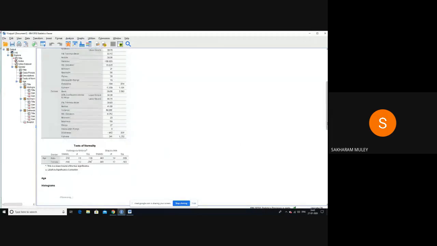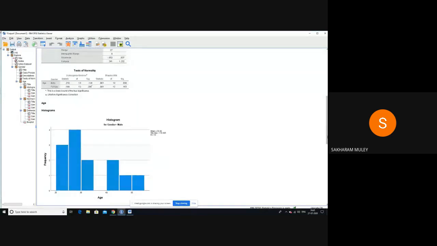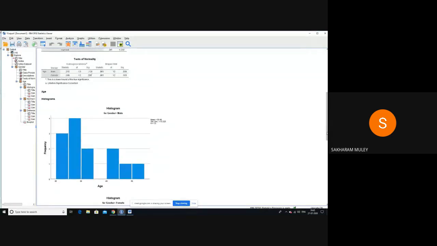Here you can have a test of normality, and there are two tests provided by SPSS. One is the Kolmogorov-Smirnov test, and the other is the Shapiro-Wilk test. So, the KS test and Shapiro-Wilk test. What is the hypothesis in this particular case? The null hypothesis is that data is normally distributed, and the alternate hypothesis is that data is not normally distributed.